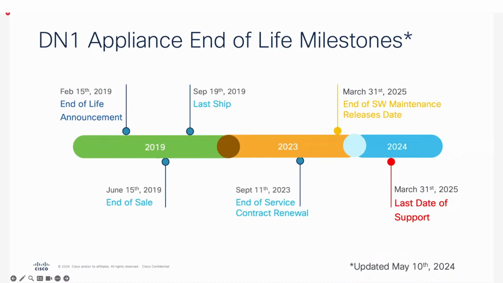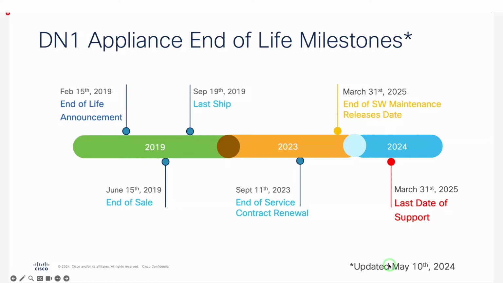Moving forward to the DN1 appliance end of life milestones, you can see that we had the announcement for the end of life on February 15, 2019, and it has reached almost the end of software maintenance. This is an updated end of life milestone.